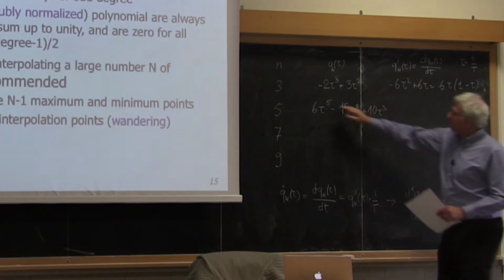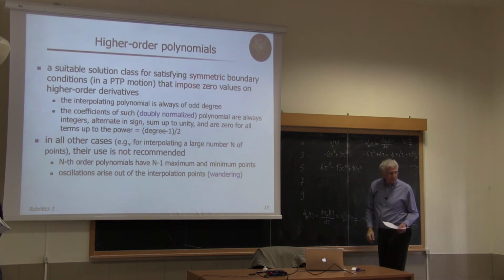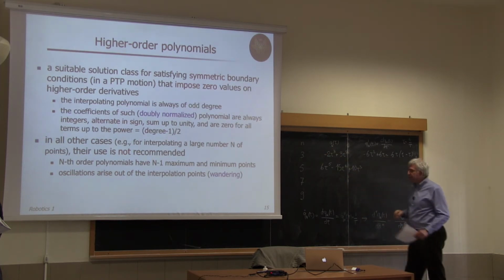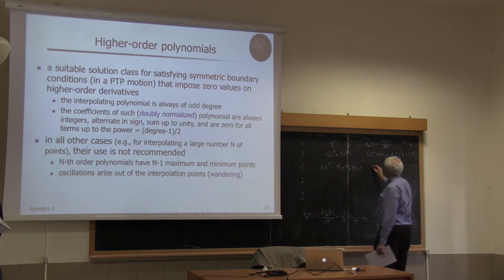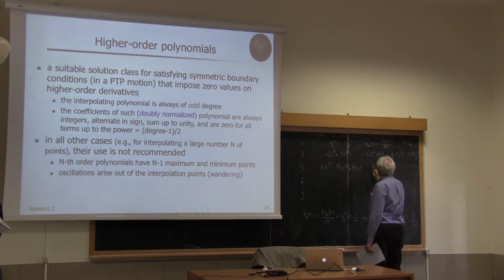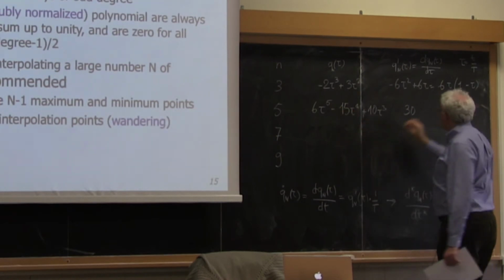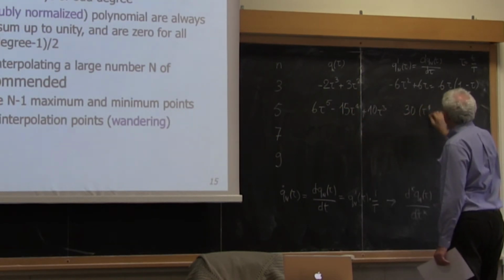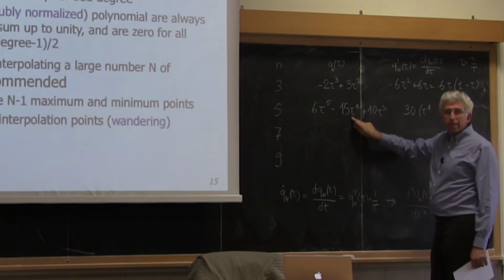Of course, I'm assuming that I have to move a delta q equal to 1. If not, I multiply by the delta q. Okay, so I'm just referring to the doubly normalized polynomial. We can compute also the first derivative, and this is, let's see, 30 tau to the fourth minus 60 tau to the third plus 30 tau to the second.